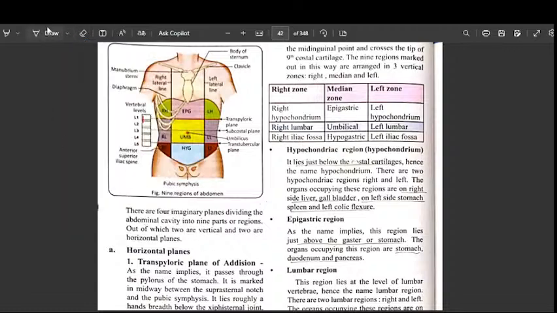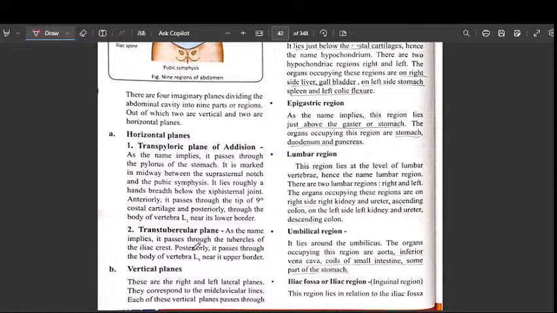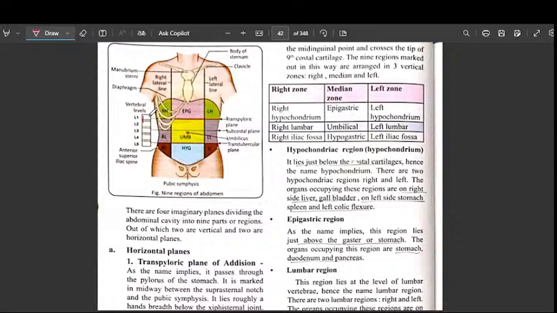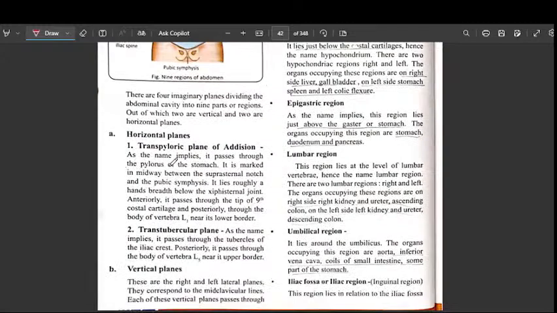Now, there are imaginary planes dividing the abdominal cavity into nine parts. Horizontal planes: the transpyloric plane of Addison. As the name implies, it pertains to the pylorus of the stomach. It is marked midway between the suprasternal notch and the pubic symphysis.